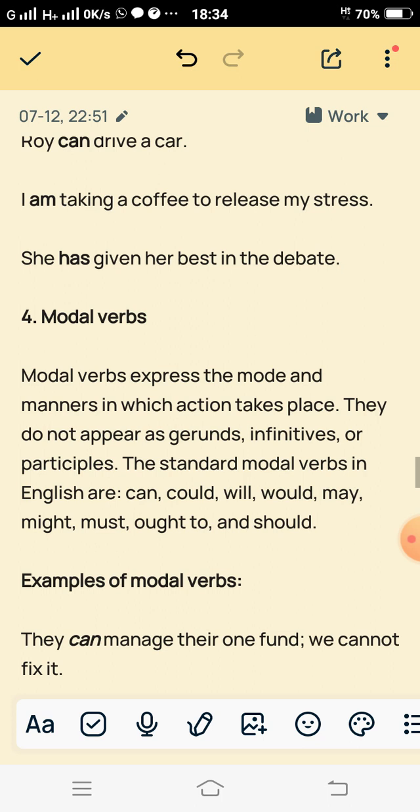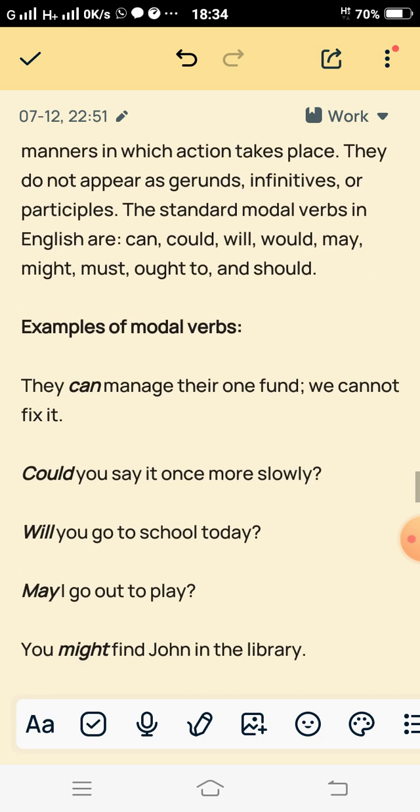Examples of modal verbs: They can manage their own fund. We cannot fix it. Could you say it once more slowly? Will you go to school today? May I go out to play?